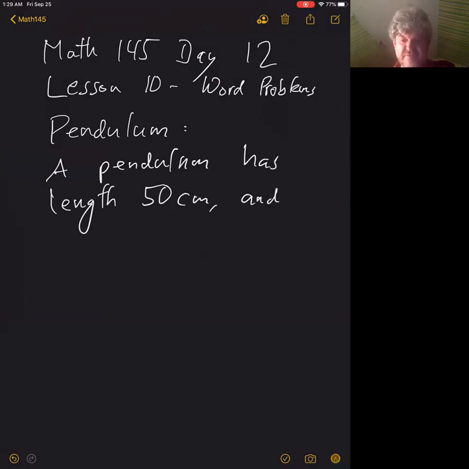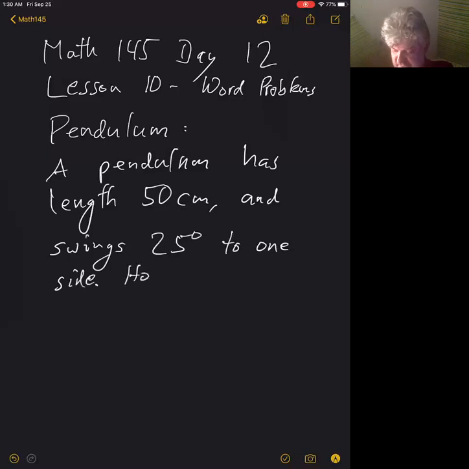And, well, it swings left or right, as pendulums do. Let's say it swings 25 degrees to one side. How far does the tip of that pendulum rise from the rest position?